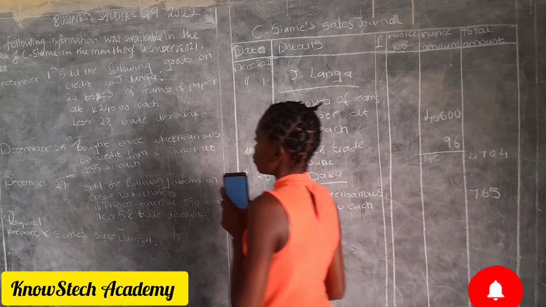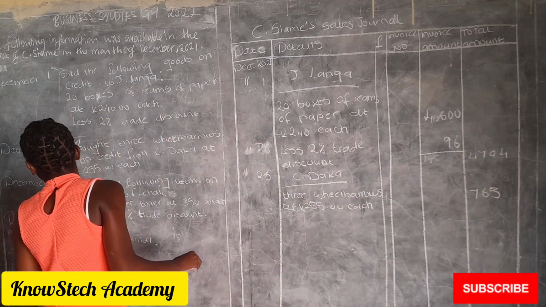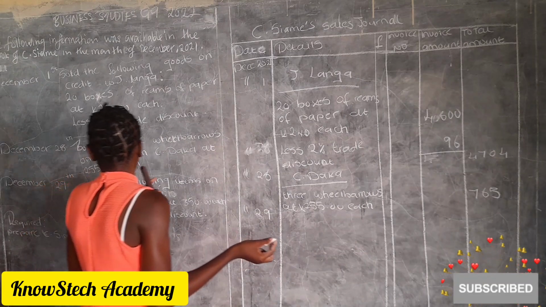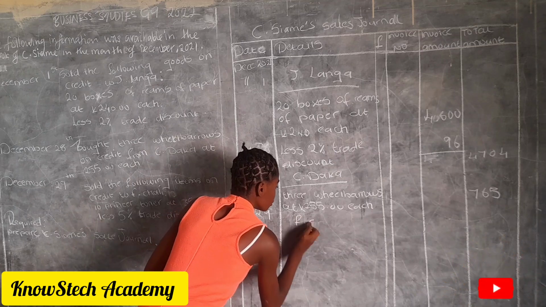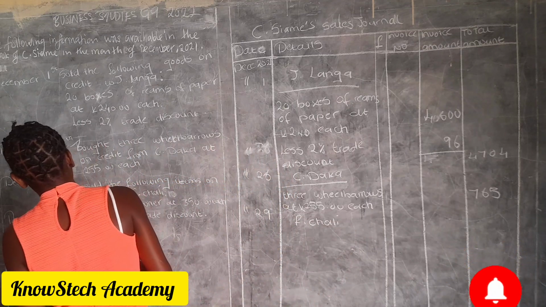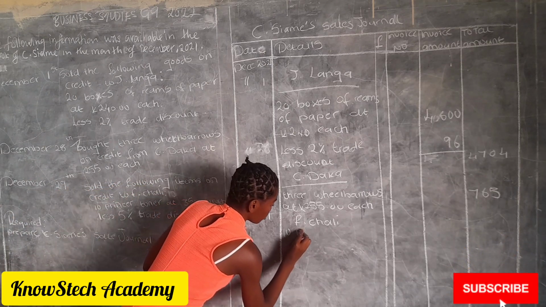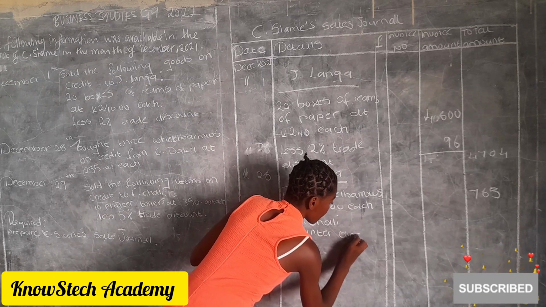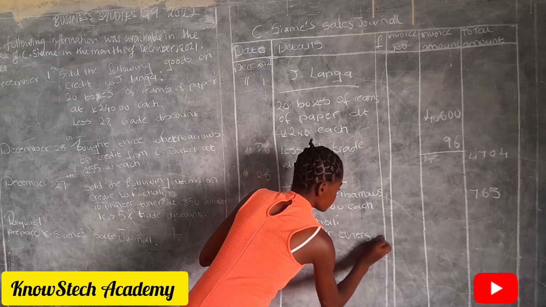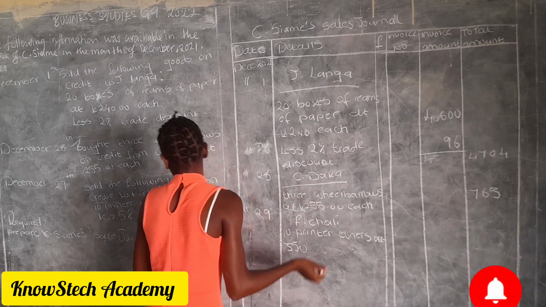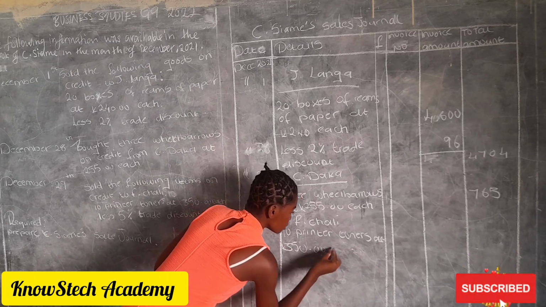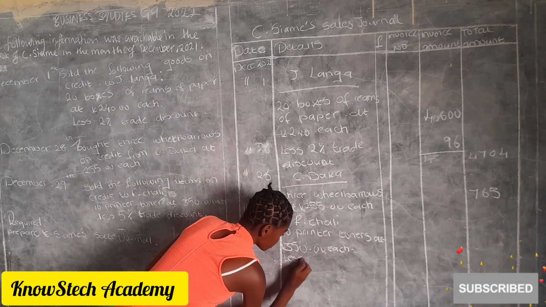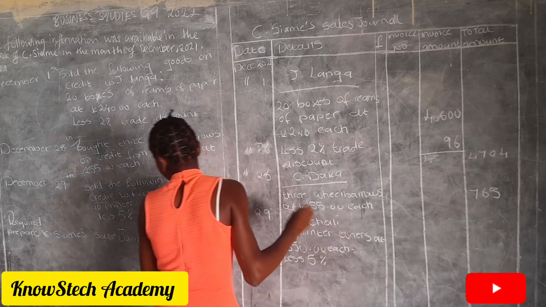Then we're going to go to our last but not the least transaction, which took place on the 29th of December, by F. Charlie, who bought the following: printer toners at $350 each, less 5% trade discount.